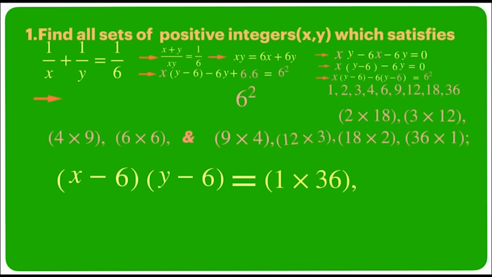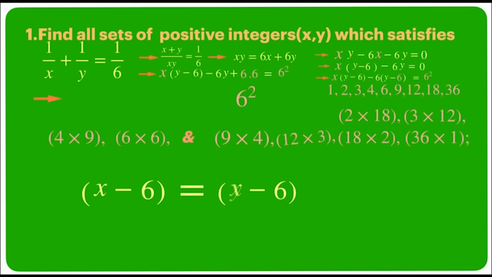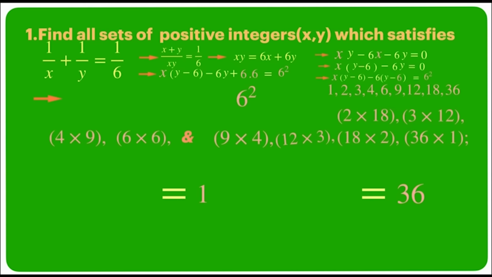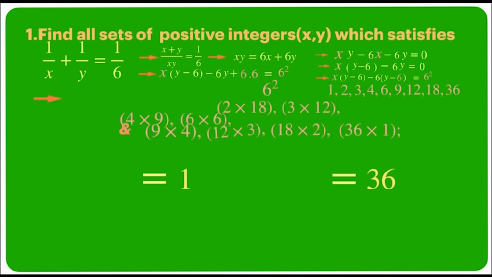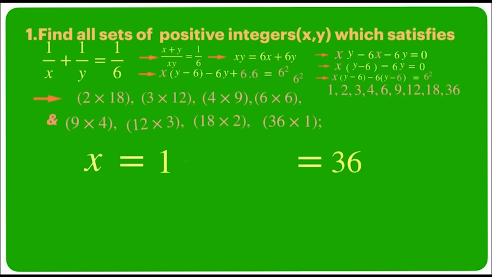x minus 6 into y minus 6 equal to, first we can take the first pair, that is 1 into 36. So here x minus 6 equal to 1 and y minus 6 equal to 36, isn't it? From them we can easily get the value of x, because x minus 6 equal to 1, so x equal to 1 plus 6, so x equal to 7. And here y minus 6 equal to 36, so y equal to 36 plus 6 equal to 42.